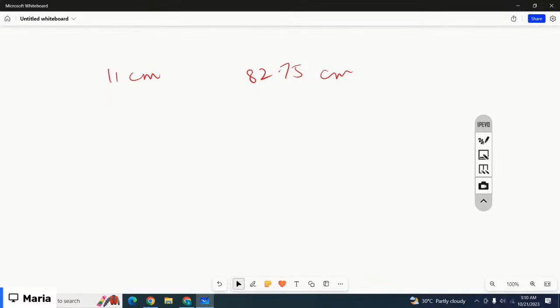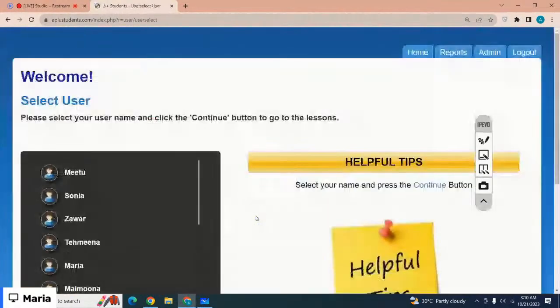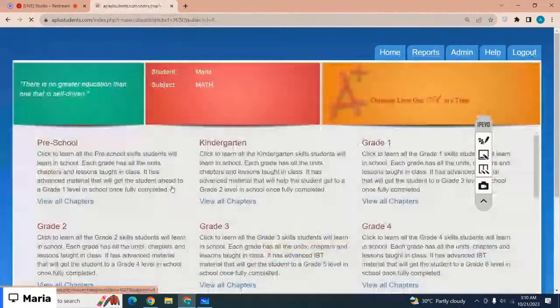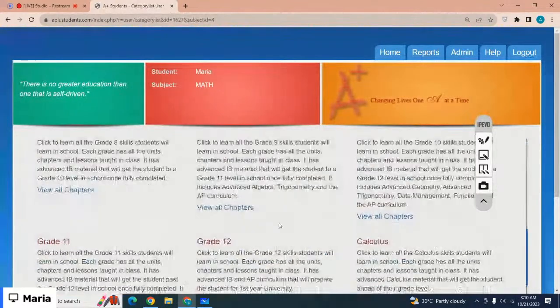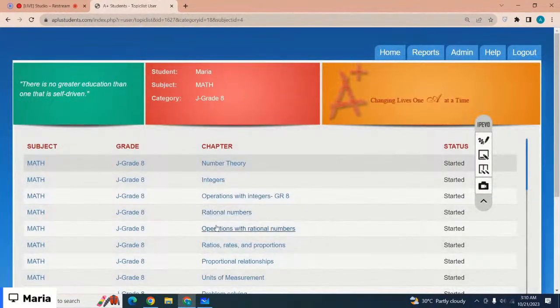The next lesson we're going to start is converting between Fahrenheit and Celsius. That is from the same chapter, unit of measurement, and the lesson is convert between Celsius and Fahrenheit.